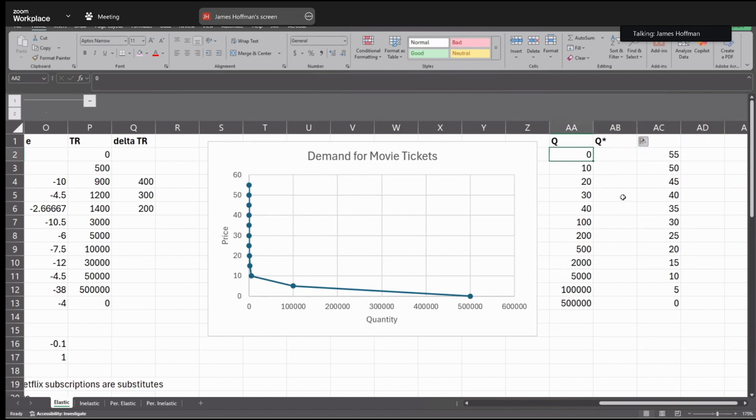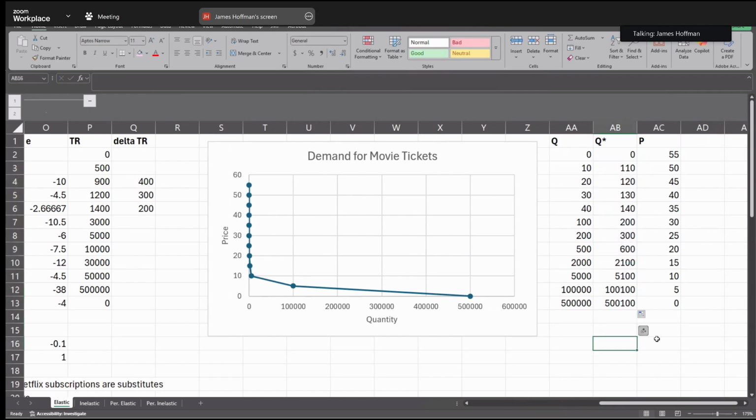I'll leave it as zero just to make it simple, but let's add 100. So basically the demand curve would increase or shift to the right by 100. So it equals this plus 100. Right? And we can add 100 to all of those.